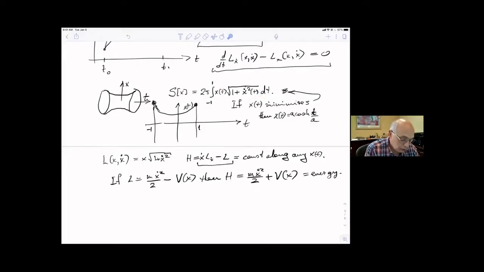If this is the Lagrangian, what is this? Something, in other words, doesn't depend on t in this picture. So if I pick any value of t, something doesn't change. What is it? It's certainly not energy because nothing is moving. And it turns out that it is the horizontal component of the surface tension.